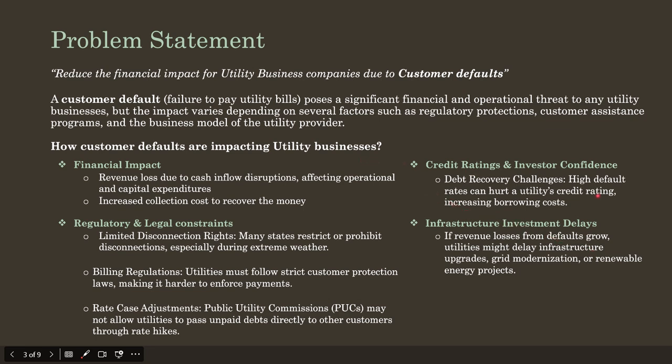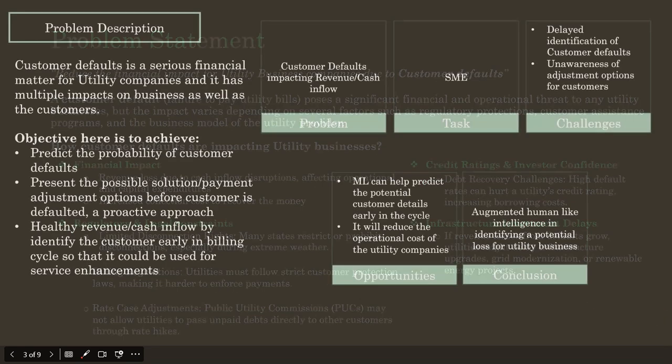But if the cash inflow is impacted, companies fail to enhance their services or make infrastructure investments, and the whole process gets delayed, which may impact the business of those utility businesses.